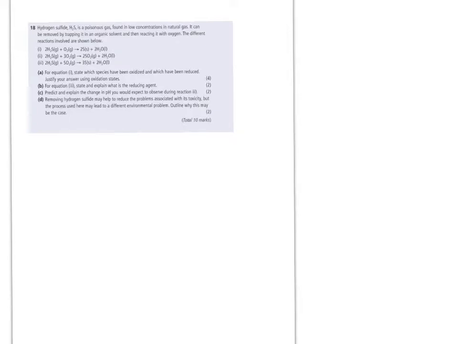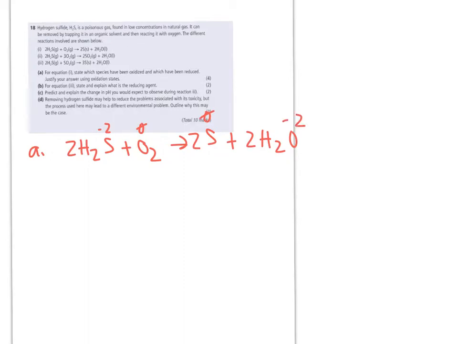So if I look at part A, I've got 2H2S plus O2 yielding 2S plus 2H2O. So the sulfur is going to start out at a -2, oxygen at a 0. Hydrogen is going to remain a +1, so I'm not going to worry about it. Sulfur is going to become a 0, oxygen a -2.